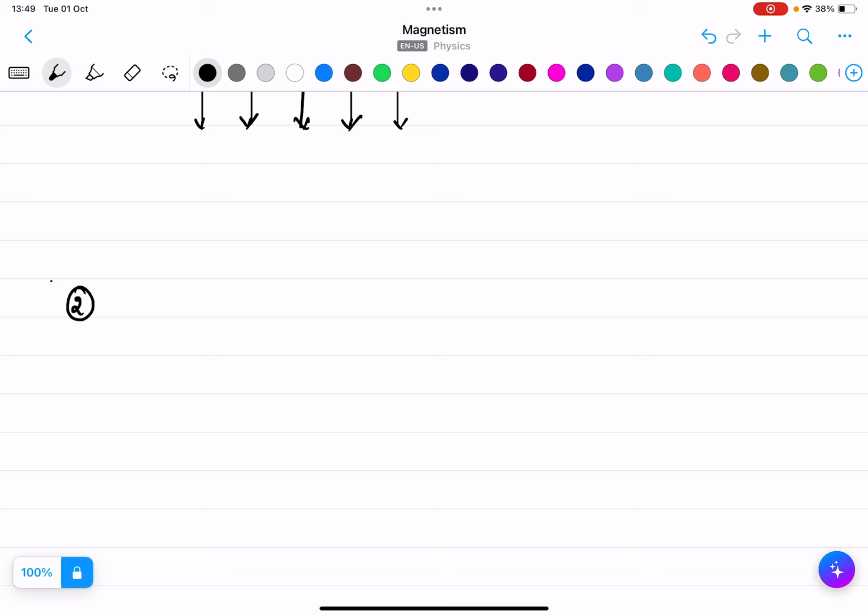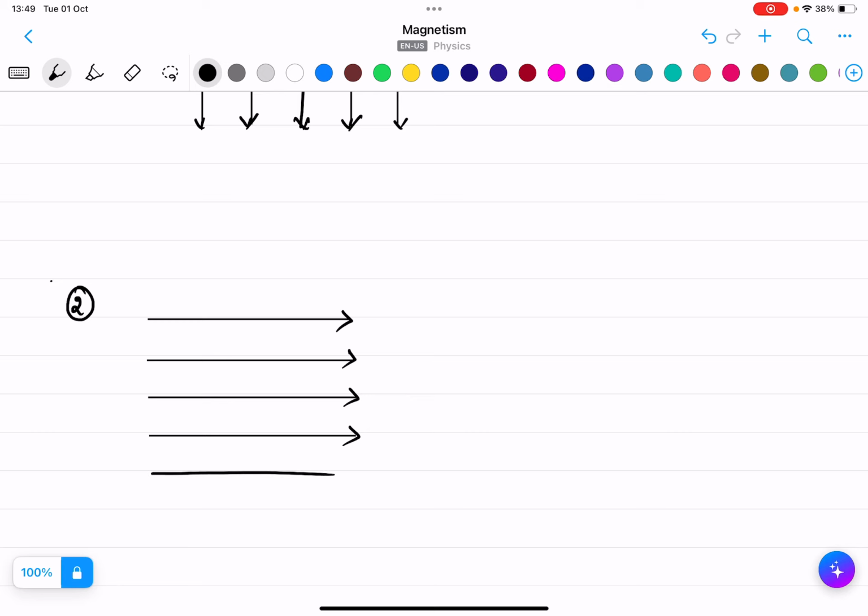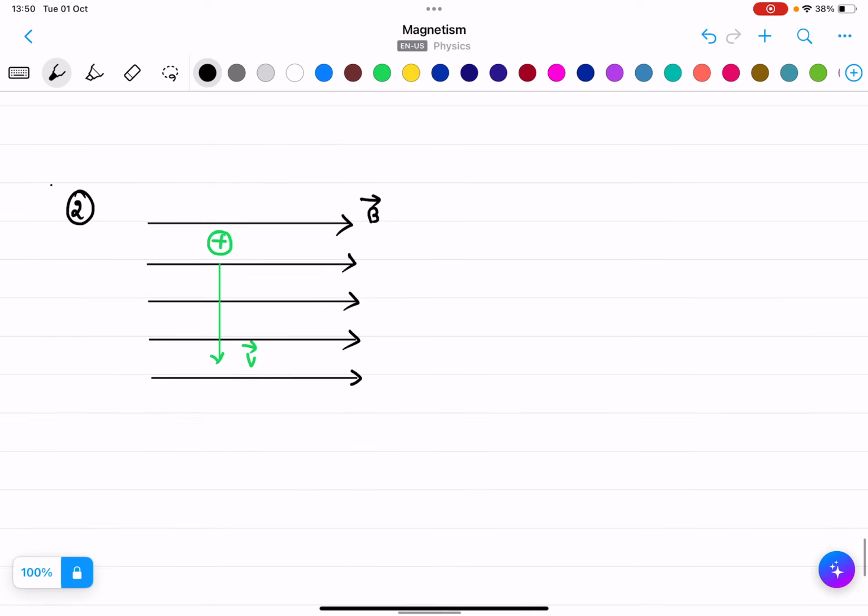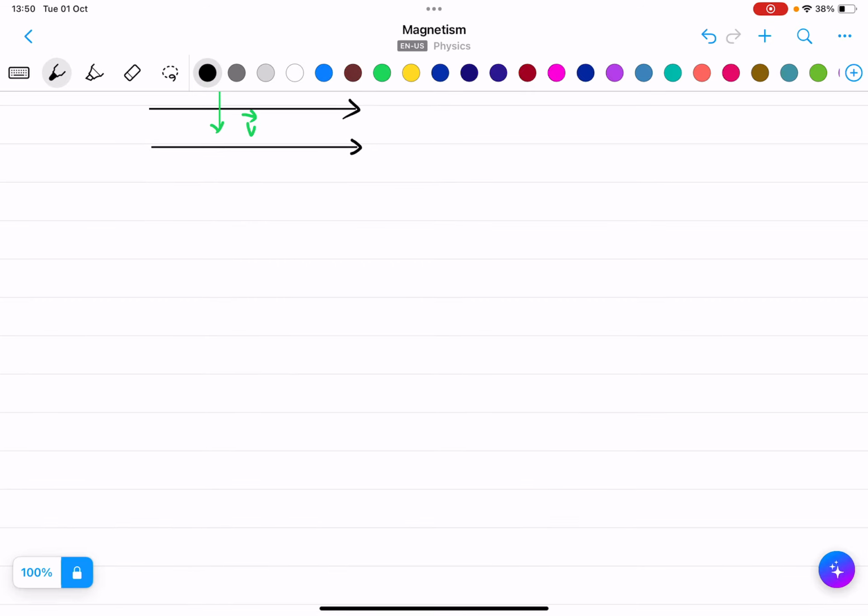I will make the figures first, then I will explain. Suppose this is a positive charge and it is going in this direction, downwards, and this is a magnetic field B. And now there is a third case.